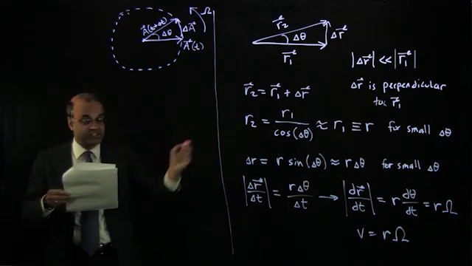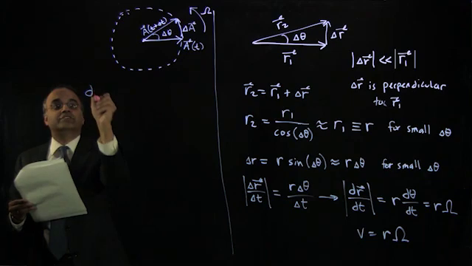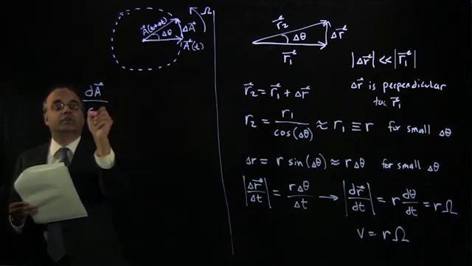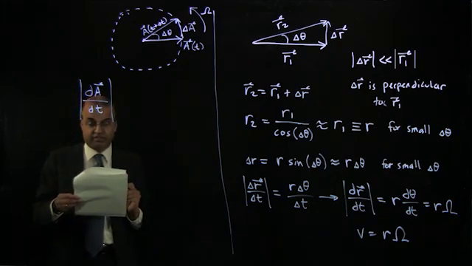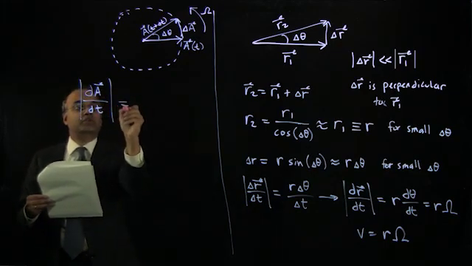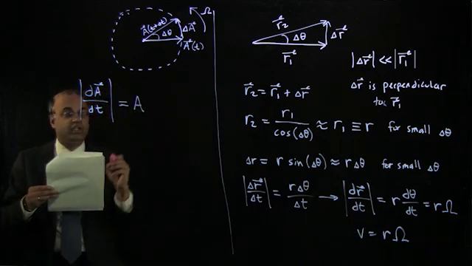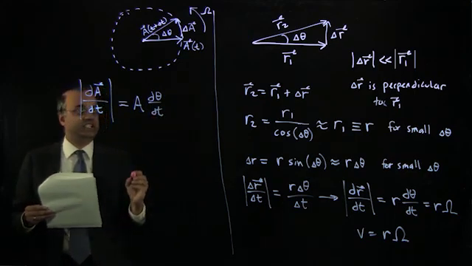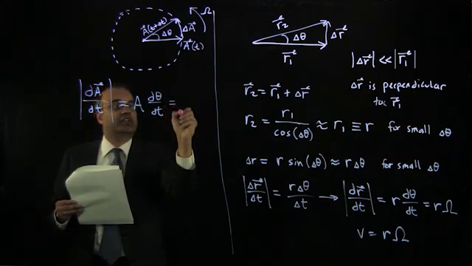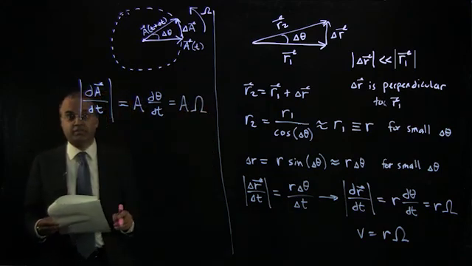And what we see using the same analysis, we would find that the magnitude of the time rate of change of the rotating vector is equal to the length of the rotating vector, which is A, times d theta dt, or in other words, the length of the rotating vector times the angular velocity of the rotation.